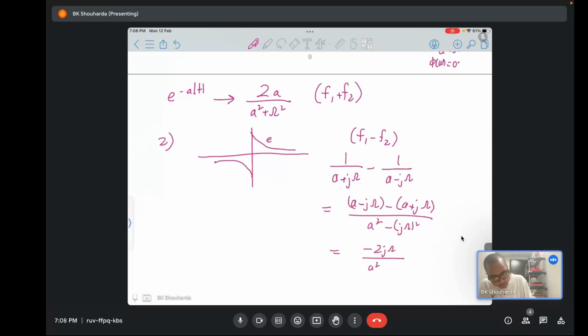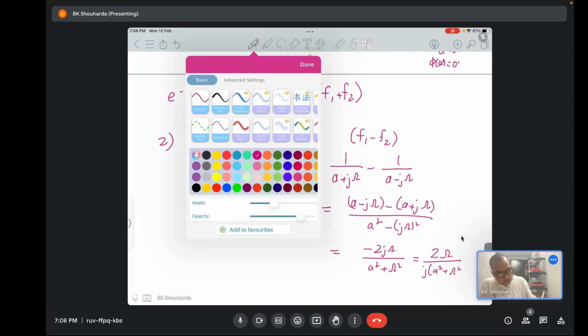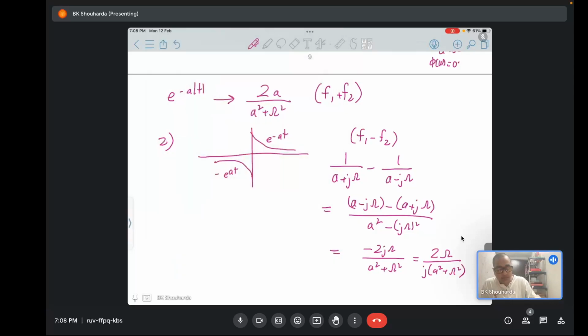So this is e to the power minus at minus e to the power at, with the transform 2 omega by j times a square plus omega square. This is also an important property to keep in mind.